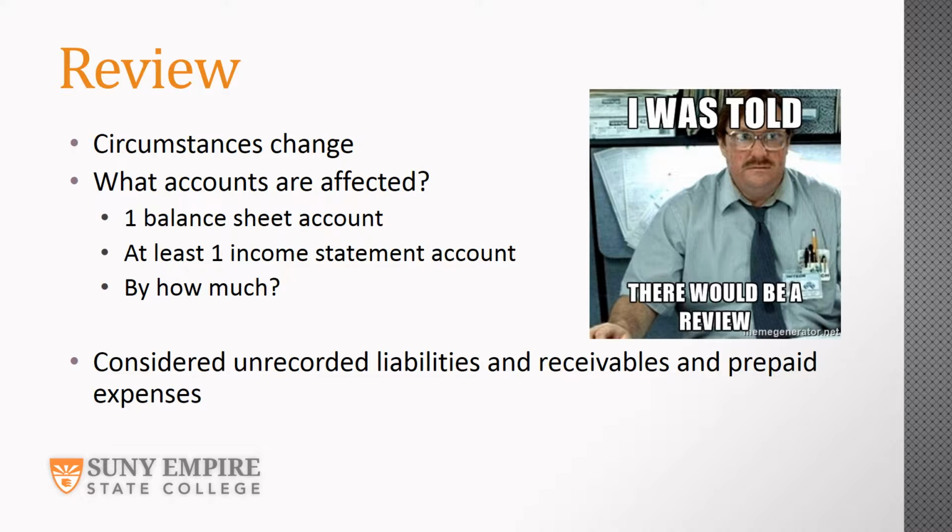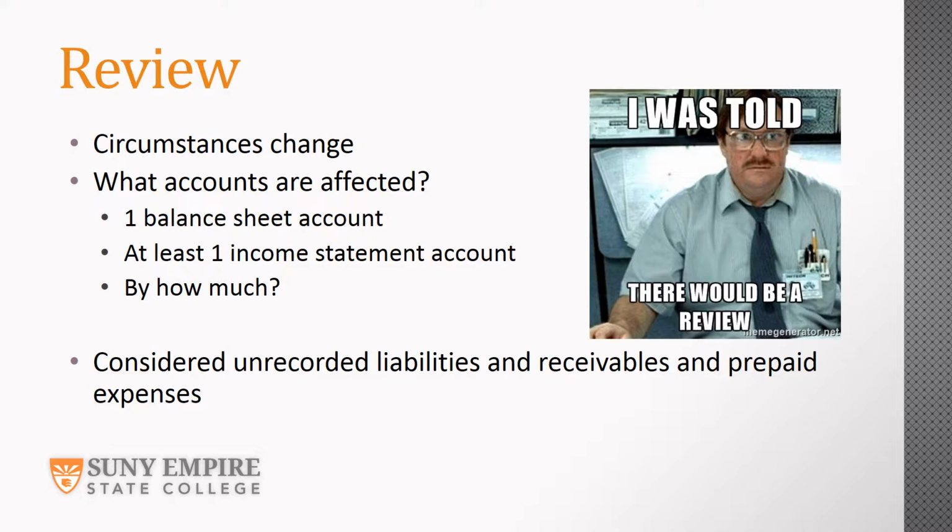First, we need to identify the accounts affected. One account will always be a balance sheet account. This will get matched by changes to one or more income statement accounts. Then we need to perform appropriate calculations to find the dollar amount of the transaction.